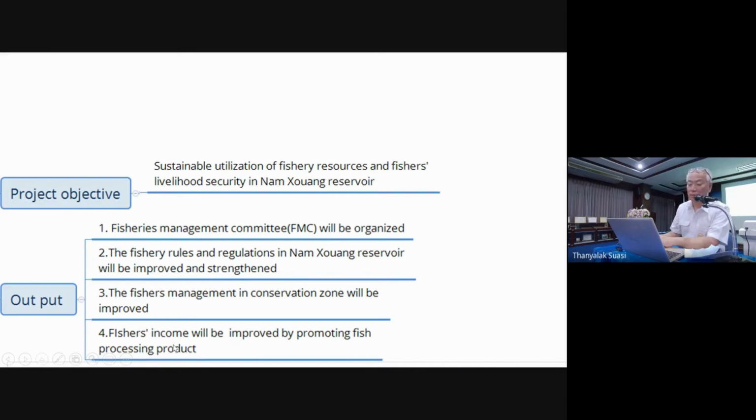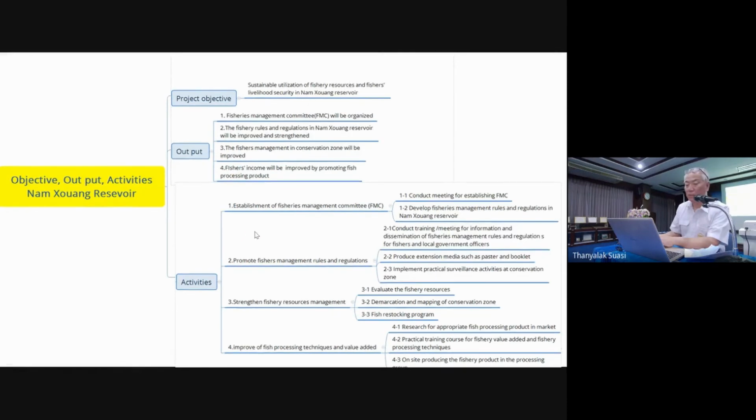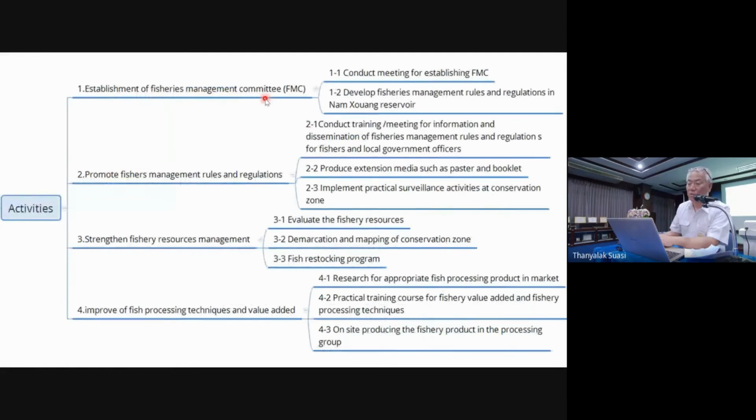And then finally, we link one output to one activity, one output, one activity. We link the output to activity. First, establish the FMC, conduct meetings and develop the management rules.